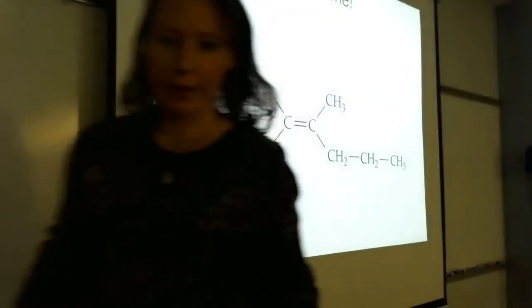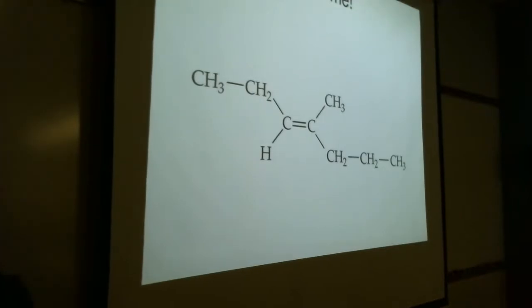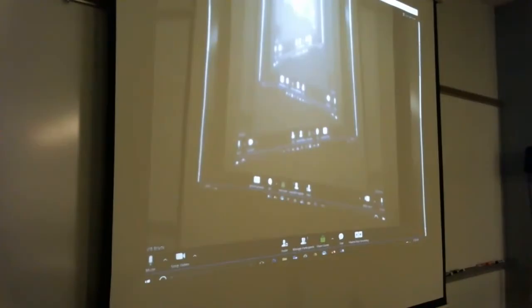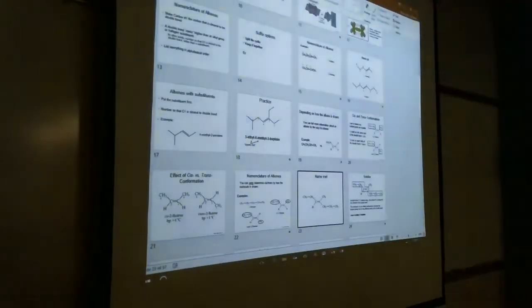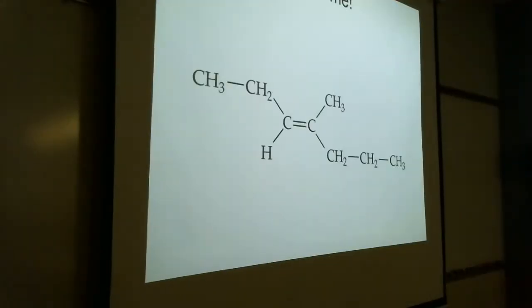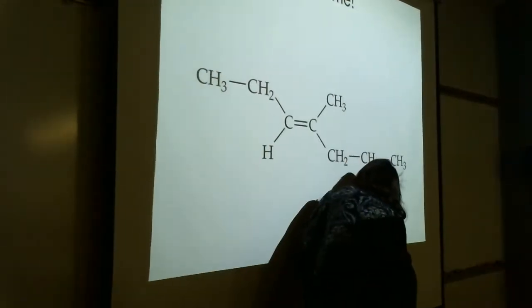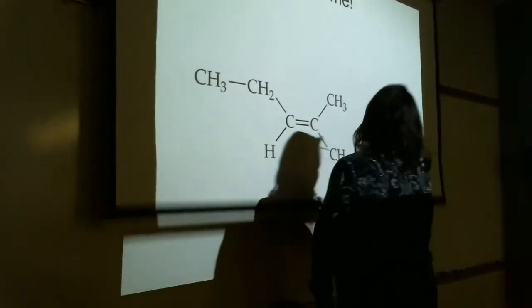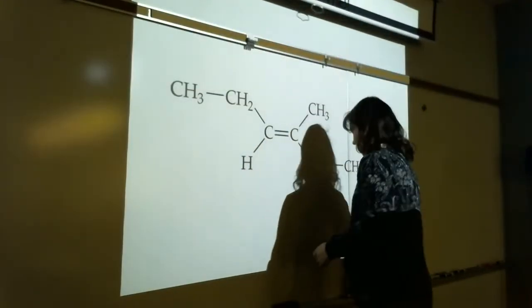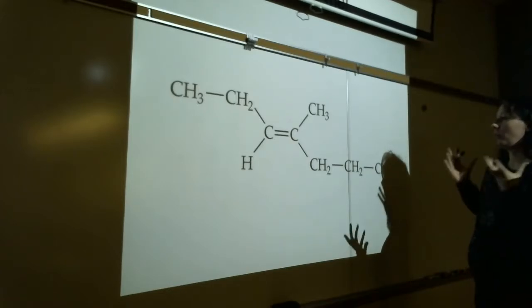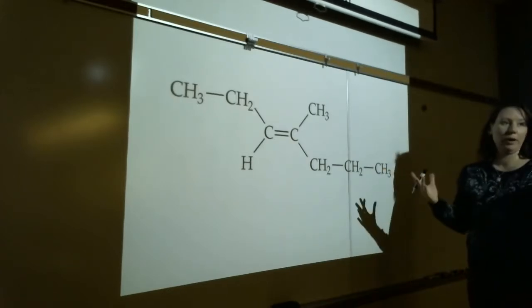Be careful is all I advise. So when we name this molecule, we've got to ask ourselves a lot of questions. Question number 1 is, where do we number from, the left or from the right?